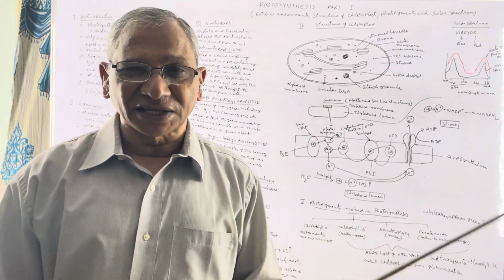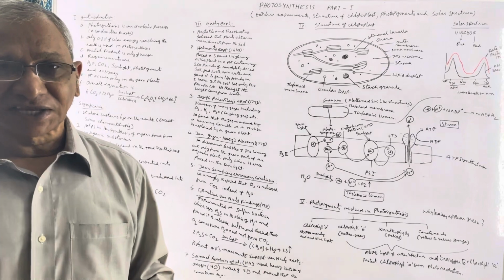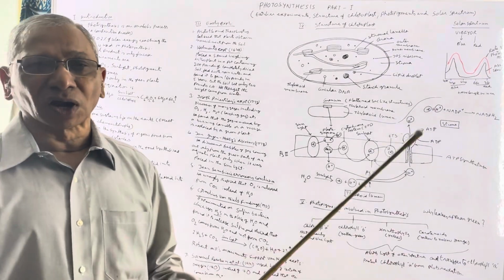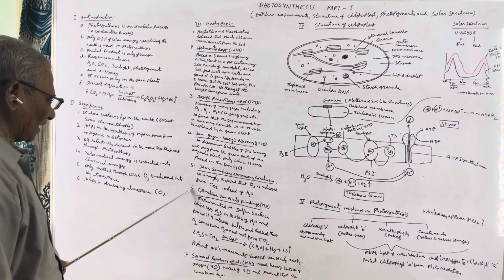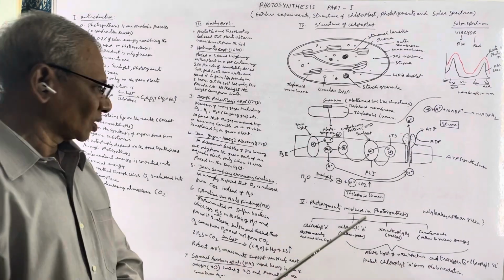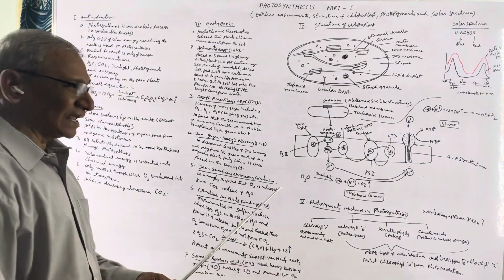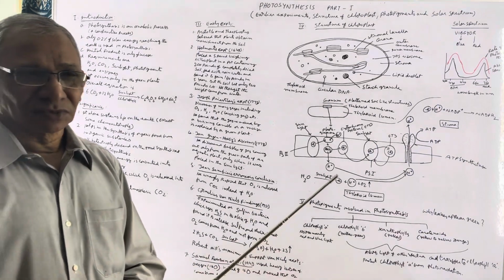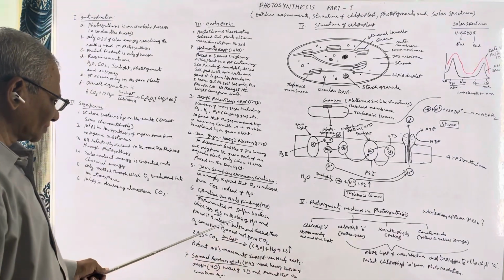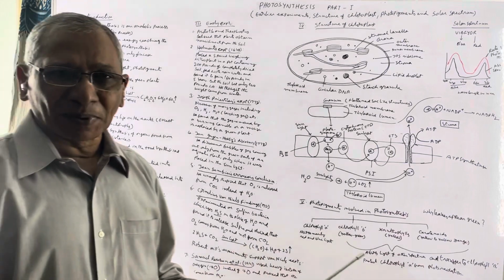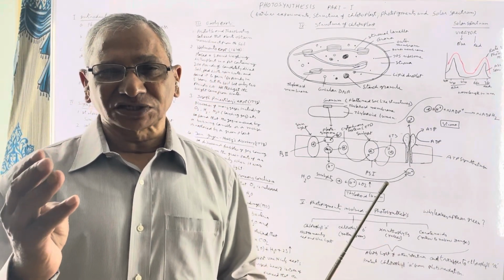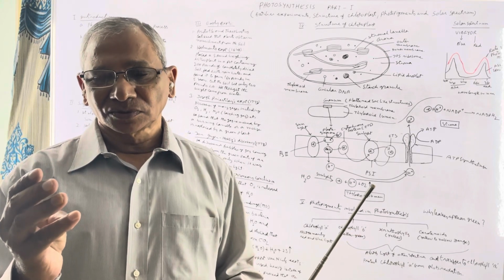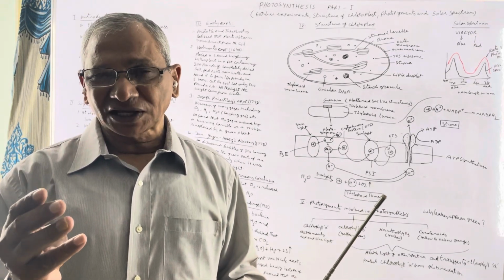That was his theory. But this theory was proved to be wrong by an ingenious experiment conducted by Cornelius van Niel. It's really very interesting. Green plants, what do they do? I have told you they use four things in photosynthesis: sunlight, carbon dioxide, water, and chlorophyll.